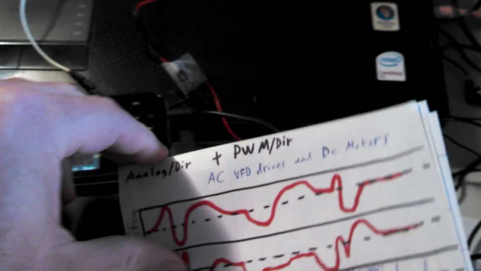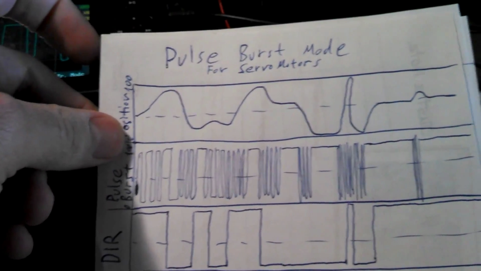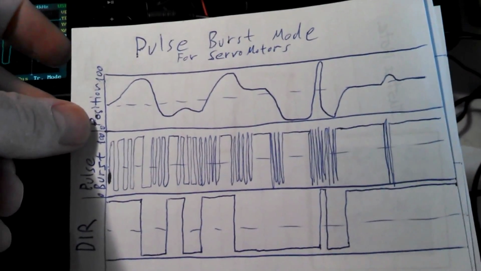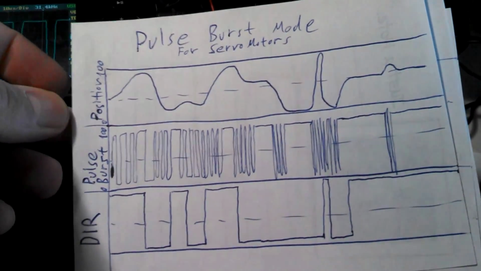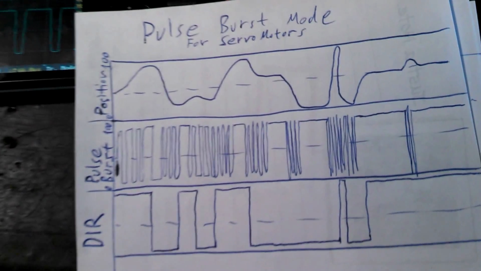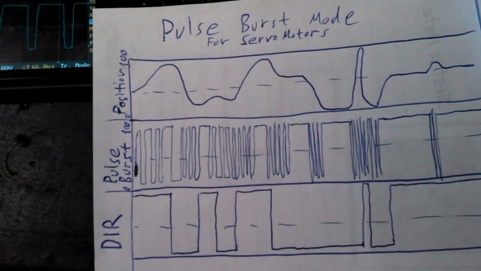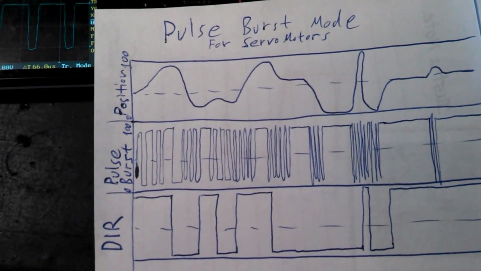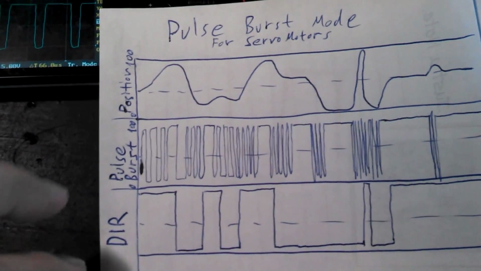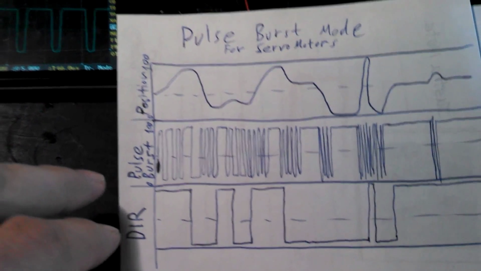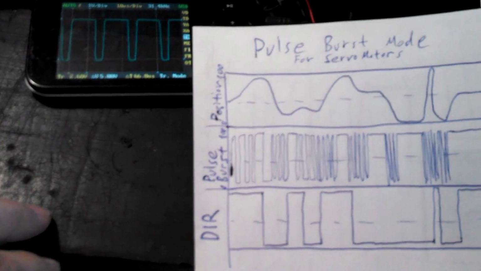So the next card is for the pulse burst mode. That's for servo motors. These work a little differently. They usually have a pulse system that allows them to step into specific positions.